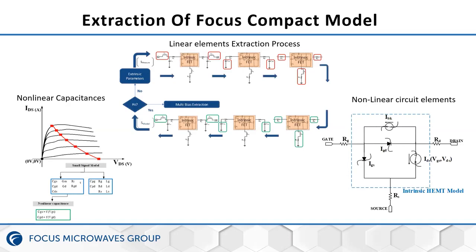Once this model is done, it is valid for all small signal conditions. But for nonlinear analysis, we have to model all the nonlinear capacitances and the nonlinear current source. The nonlinear capacitances are modeled over the assumed load line, while the nonlinear current source is purely modeled using the pulsed IV data.